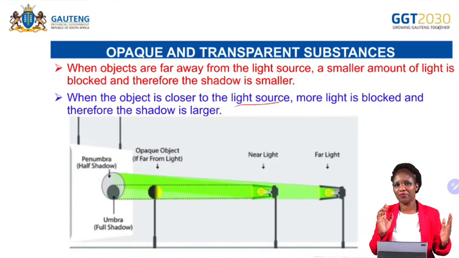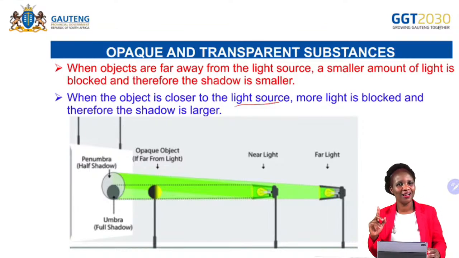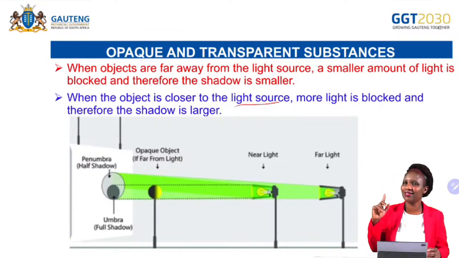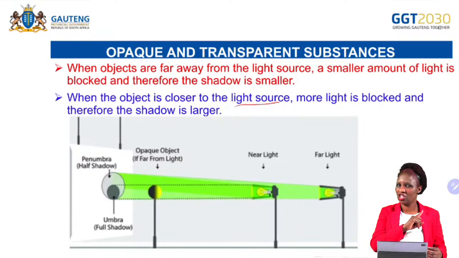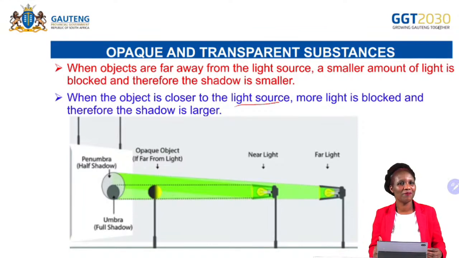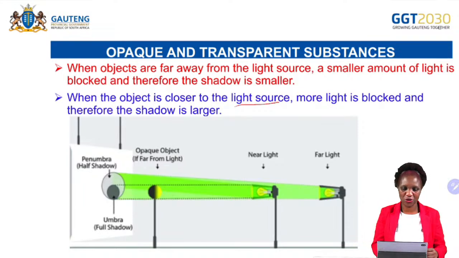Therefore, when you compare the shadow of an object that is near a light source and the other that is from a source of light that is far away, you'll see the shadows are not going to be the same. The one that has got a closer light source is going to appear big. Why? Because the light rays are being blocked. And the one that has got a light source that is far away, the shadow is going to appear small. Do you get that? That's very good. Let's check our picture here. We've got two lights.